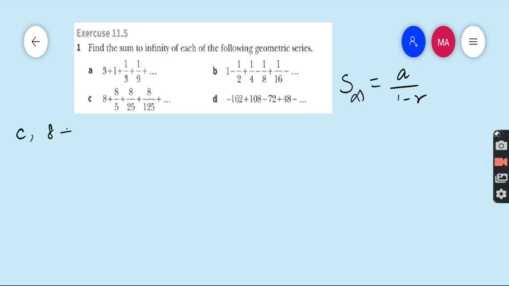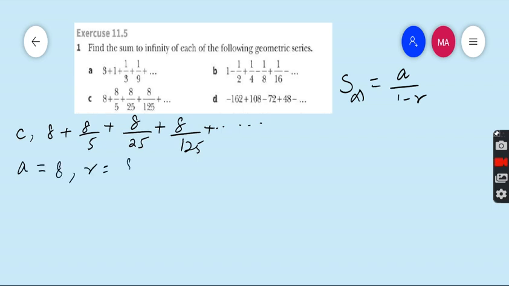Part C is 8 plus 8/5 plus 8/25 plus 8/125 plus and so on. So the first term a is 8.